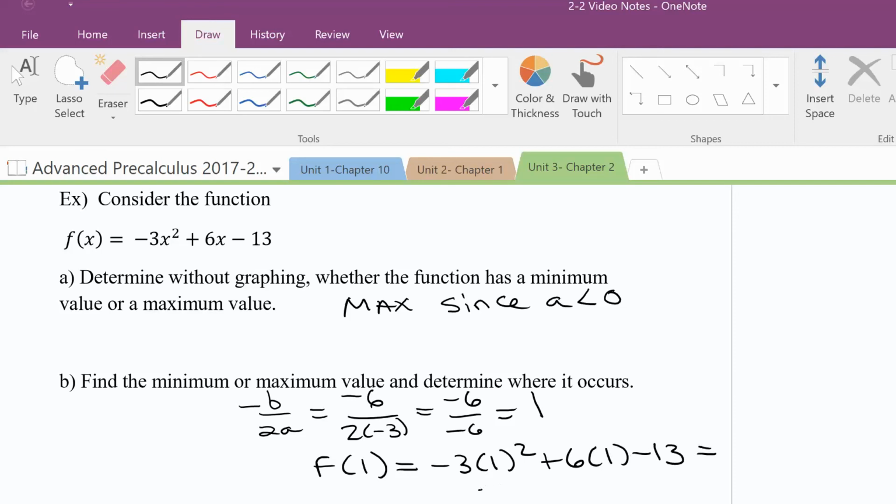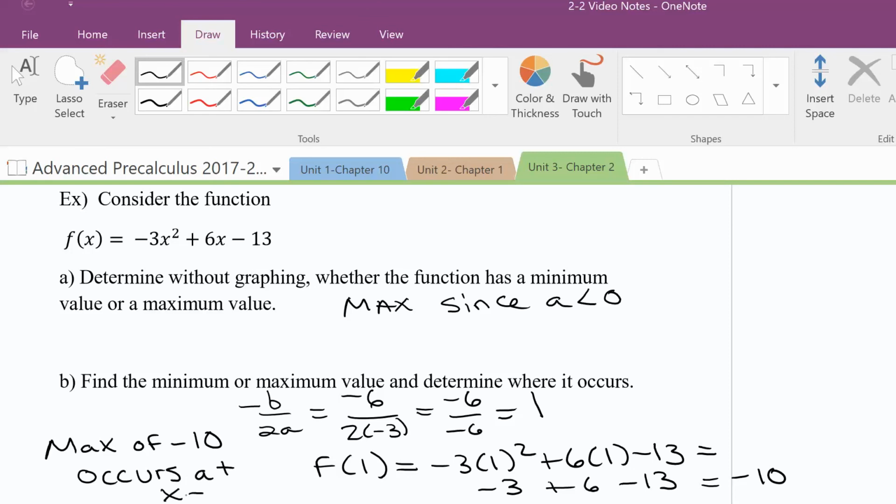Which means it's going to be negative 3 plus 6 minus 13, which means it's going to be 3 minus 13, which is negative 10. So the maximum value of negative 10 occurs at x equals 1.